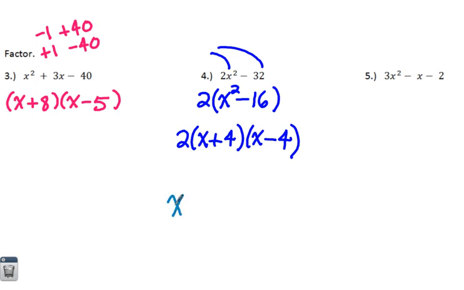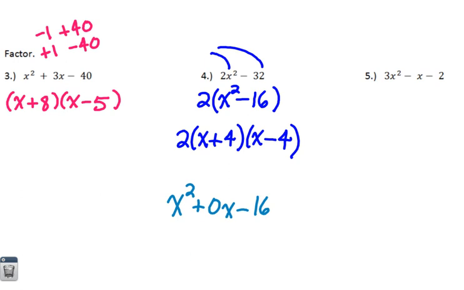If you want to think of it as literally being x squared plus 0x minus 16, and from there think about what two numbers multiply to make negative 16 but also add up to 0, well, negative 4 and positive 4, then you can do that. But that's the final answer no matter how you think your way through it.